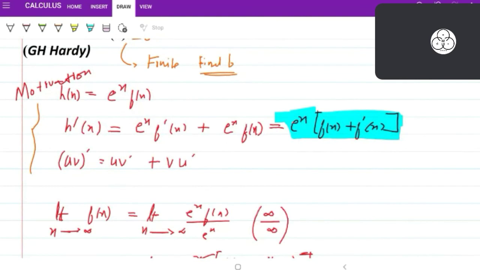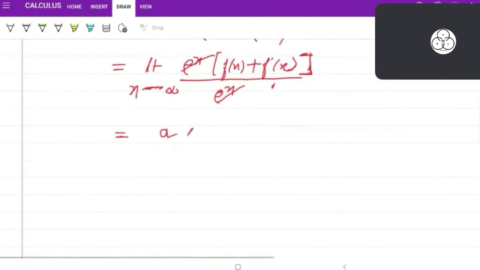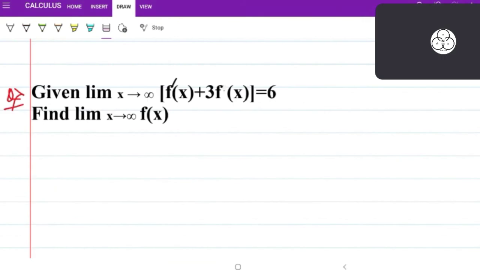Now let's try to solve a very similar question using these concepts. That's some given value, and we need to find limit x tends to infinity f(x). So how will we proceed? Here we can see that an extra 3 is coming.